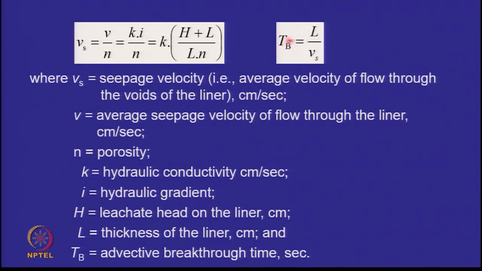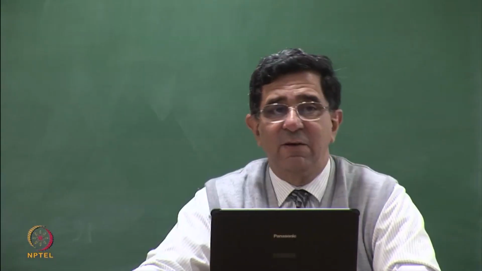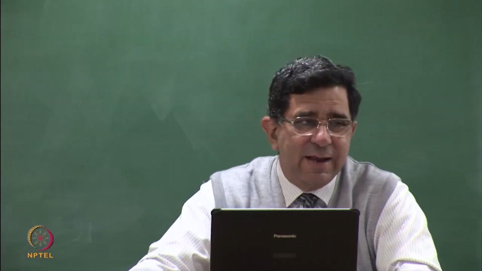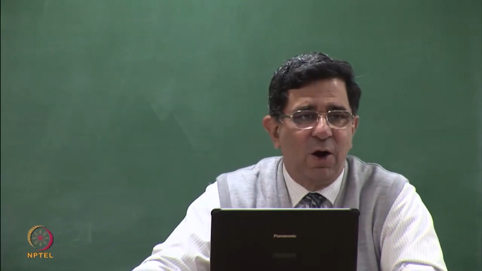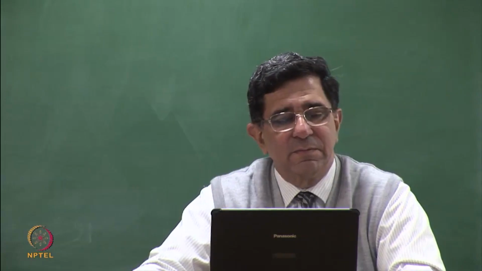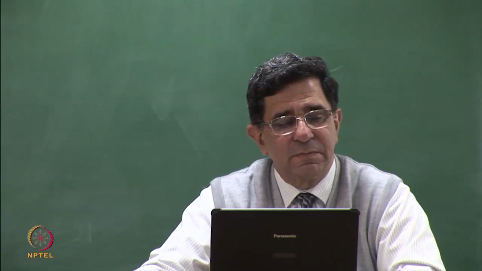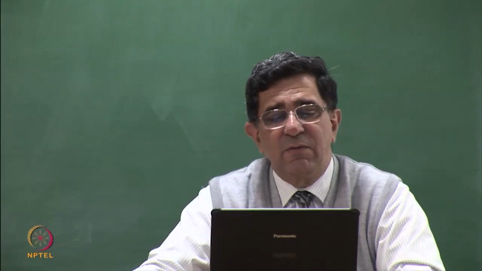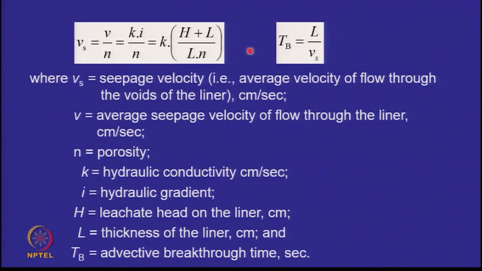So the breakout time is L by Vs. So in both your problems, first find out Vs. You can compute it in centimeters per second, or you can compute it in meters per second and then convert it into meters per year. You will get an idea as to how quickly it is traveling. How many meters per year is it traveling? So with this we can find out the breakthrough time.